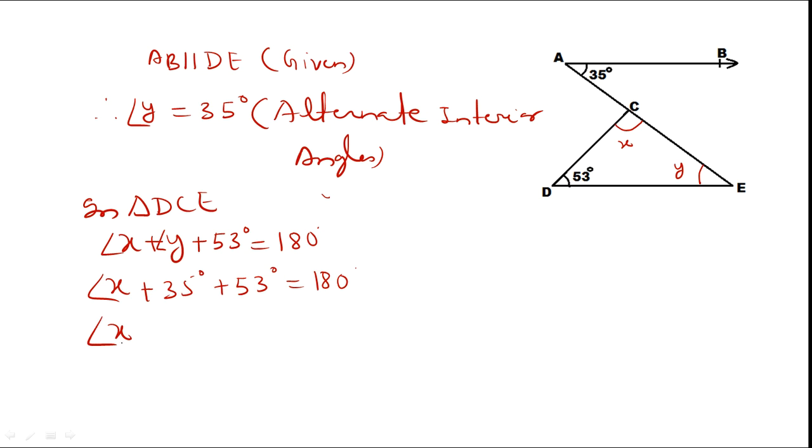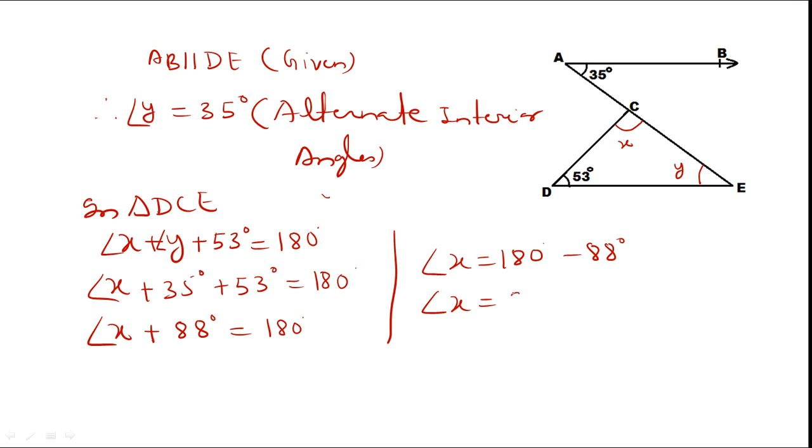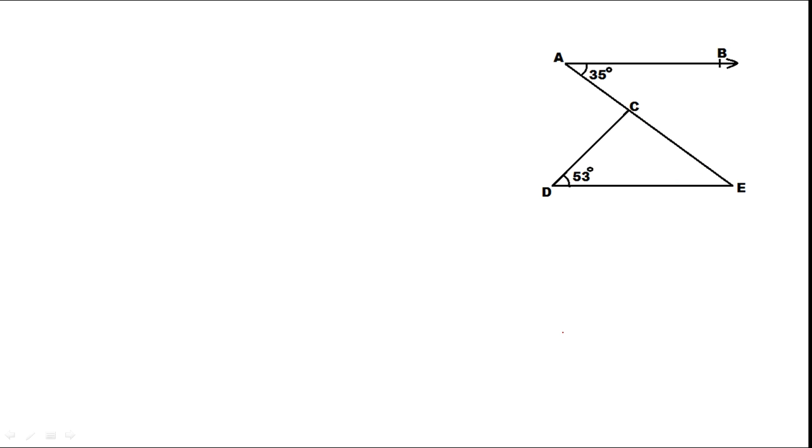So angle X is 180 degrees minus 88 degrees, which is 92 degrees. The answer will be 92 degrees. Our job was to calculate DCE, and that is equal to X. We have calculated it.